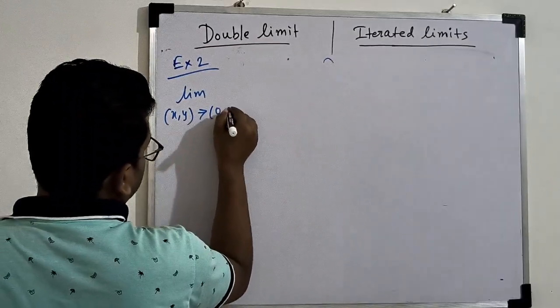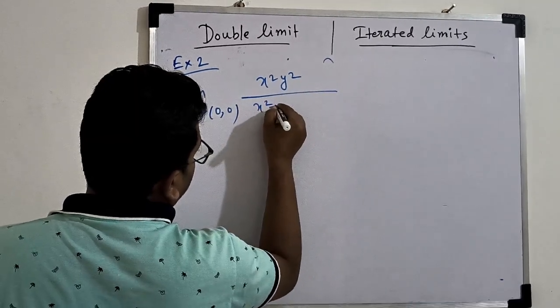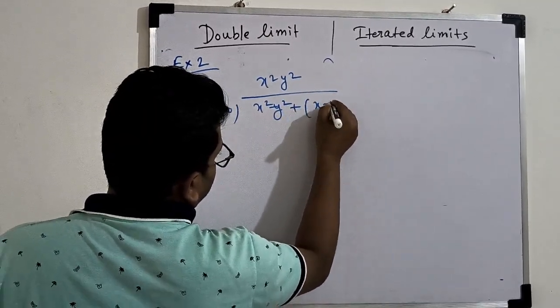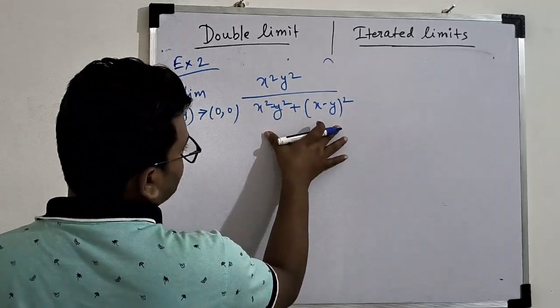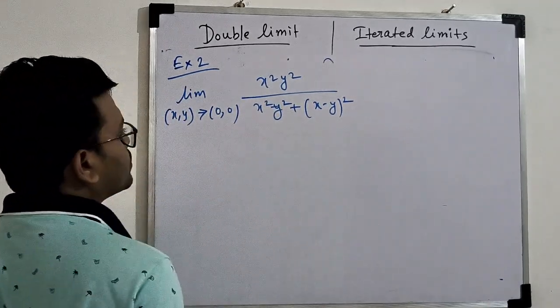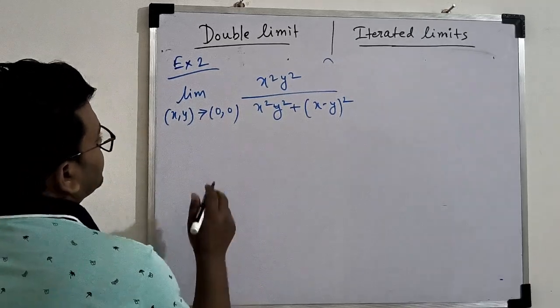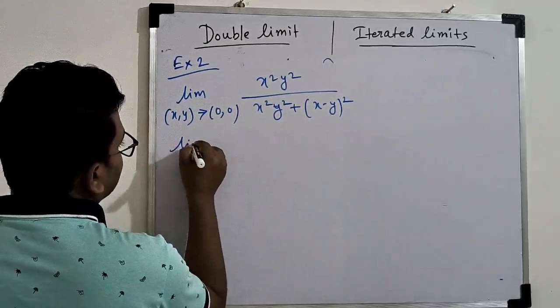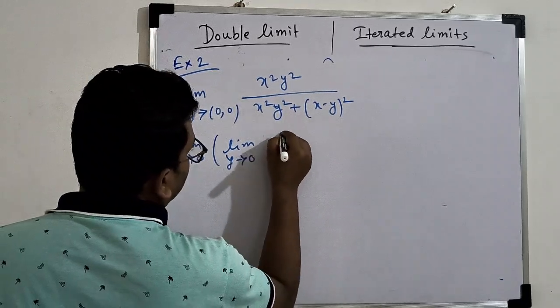Now we discuss example 2. This is also limit (x,y) approaches (0,0), and the function is x square y square divided by x square y square plus (x minus y) whole square. So we find limit x tends to 0, limit y tends to 0 of this function.